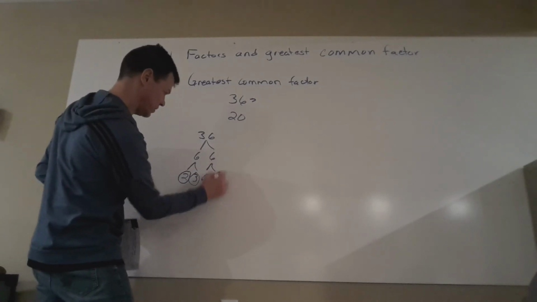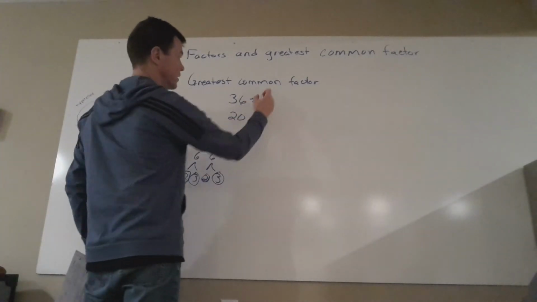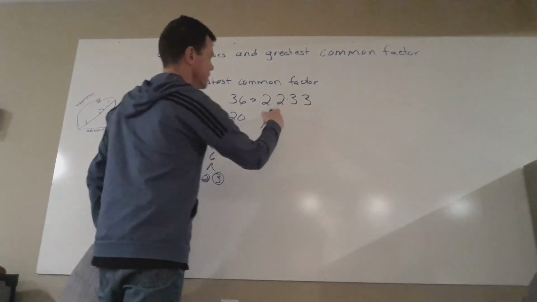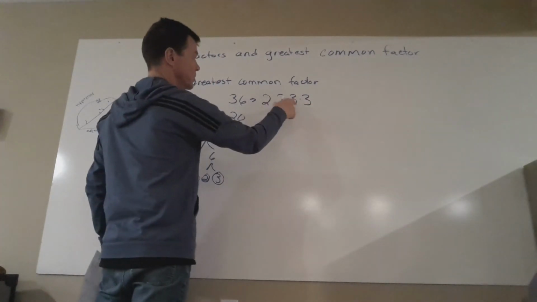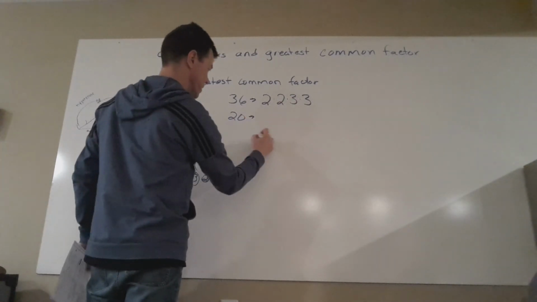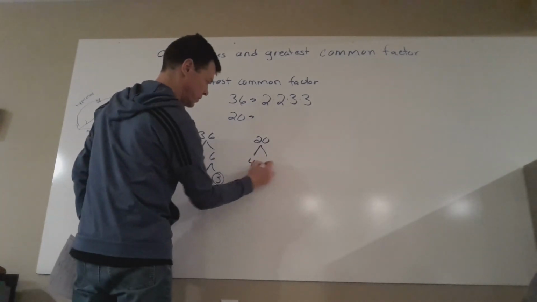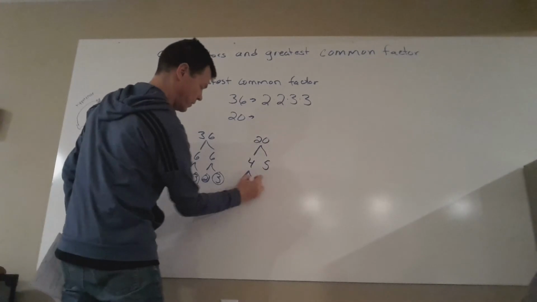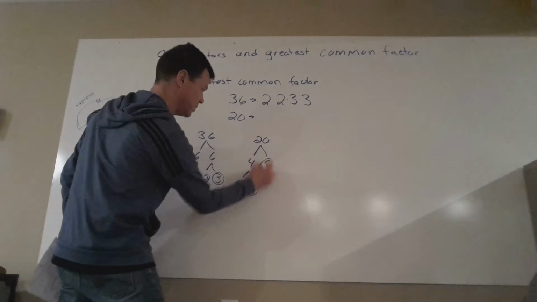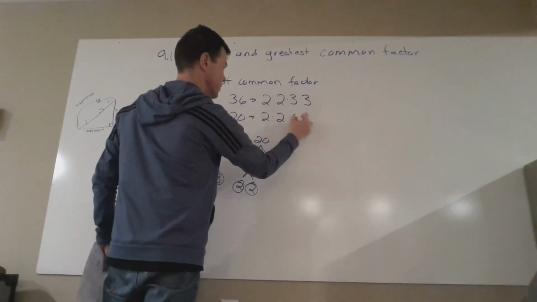So the prime factors of 36 are 2 times 2 times 3 times 3. 2 times 2 is 4, times 3 is 12, 12 times 3, 36. And then do the same thing for 20. Use a factor tree if you need to. 4 and 5. 4 factors into 2 and 2. So I'm going to circle my primes. 2 times 2 times 5.